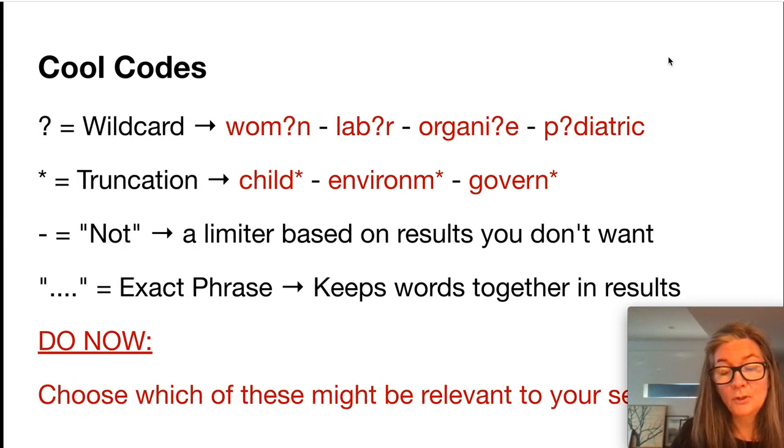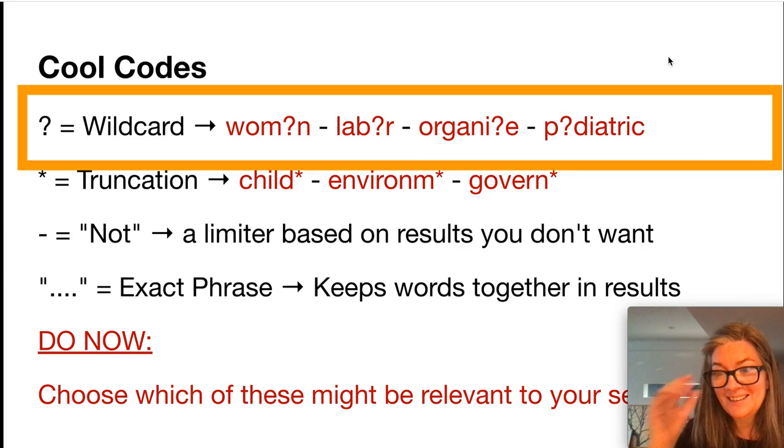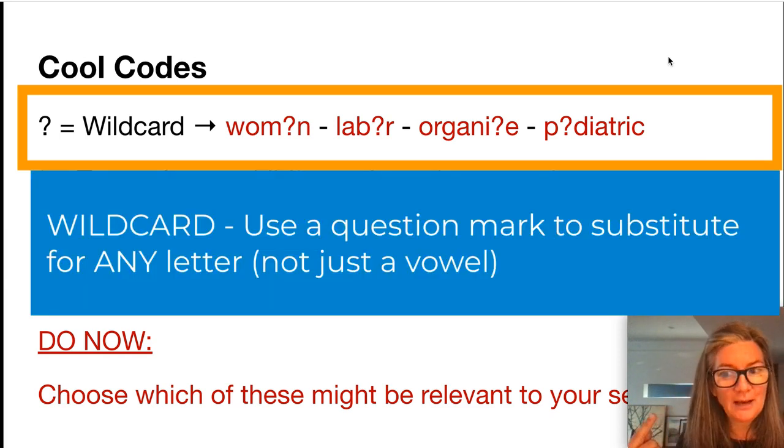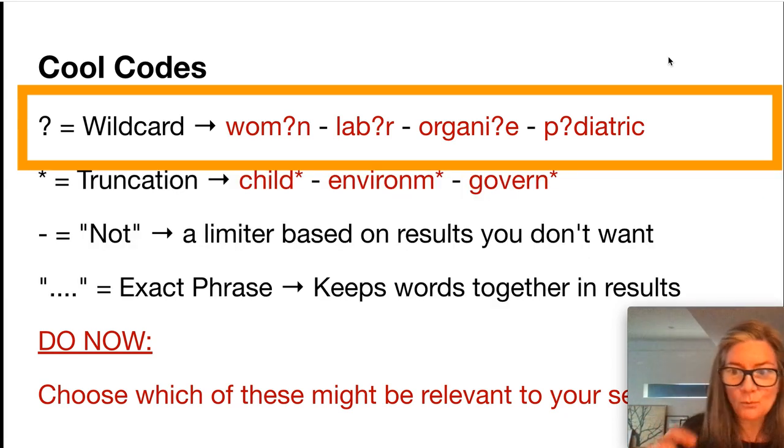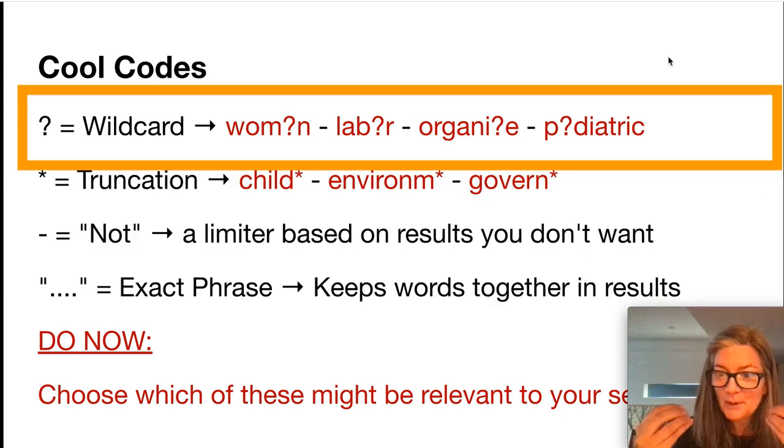Codes are kind of cool to know about when you're using Google, and these codes work for other places as well. And so wildcard is a question mark, and that allows you to replace any vowel. So if you have a word like woman or women, you can put a question mark instead of the A or the E, and it will bring back both of those words.